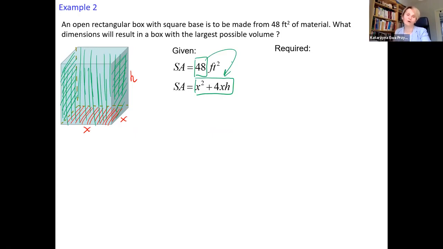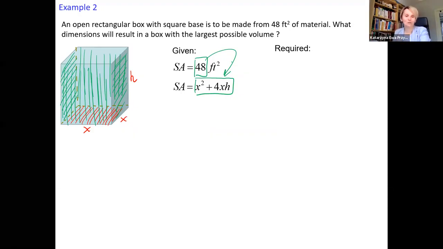And we may solve it for x or for h, depending on what we decide. Probably for h, because you can see x squared and x, it will be challenging. We need to rewrite one variable in terms of the other and check what we need for the required information. Okay, largest possible volume.